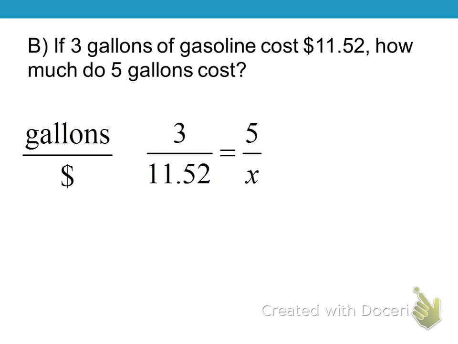From here I can cross multiply. So 3 times x equals 5 times 11.52. You can go ahead and multiply 5 times 11.52.